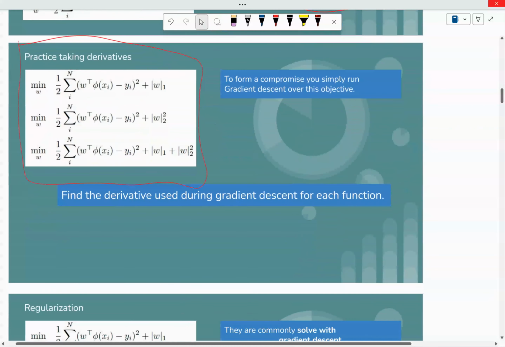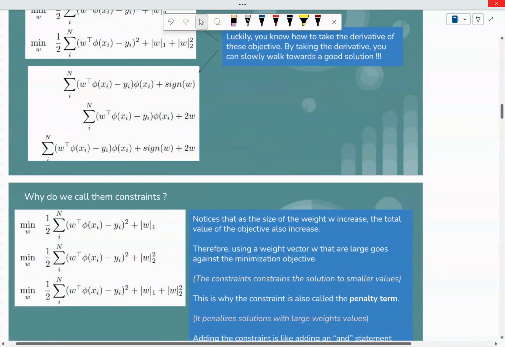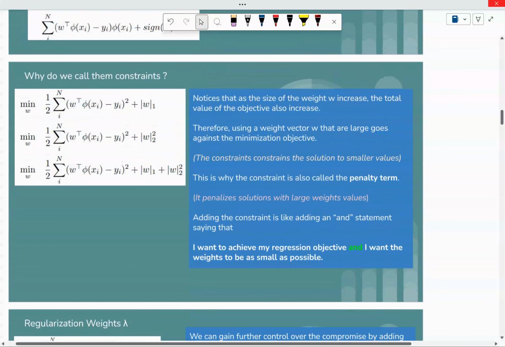I'm going to continue. So over here is the solution. Hopefully, you're able to do it. Now, why do we call them constraints? Well, let's think about it. If we are only trying to minimize the mean square error objective, then your solution is basically anywhere.